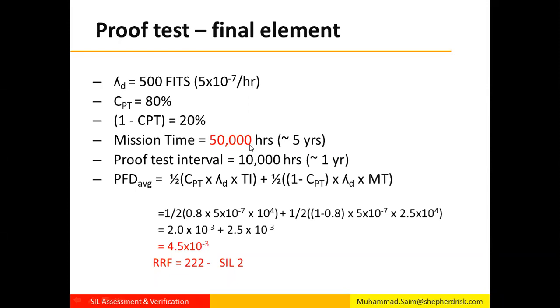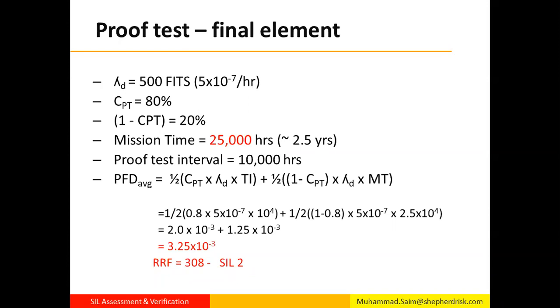And with 50,000 hours of mission time, we get a risk reduction factor of 222. It is SIL 2, but still not 400. So we reduce the mission time to 25,000 hours, that is around 2.5 years, and still we do not get to 400. We still get to 308.